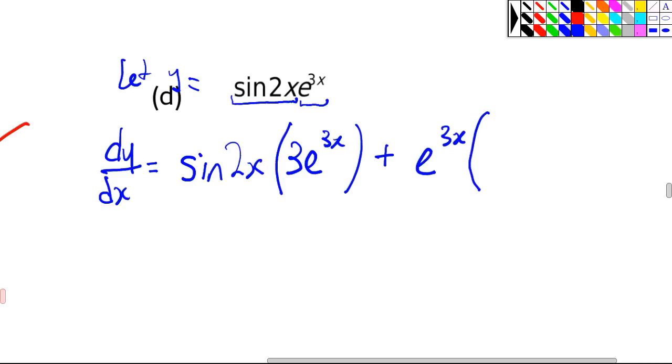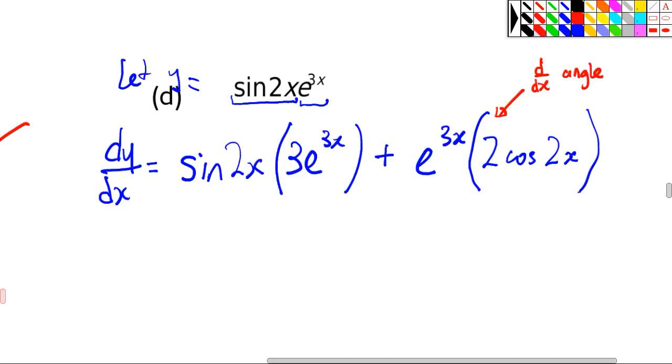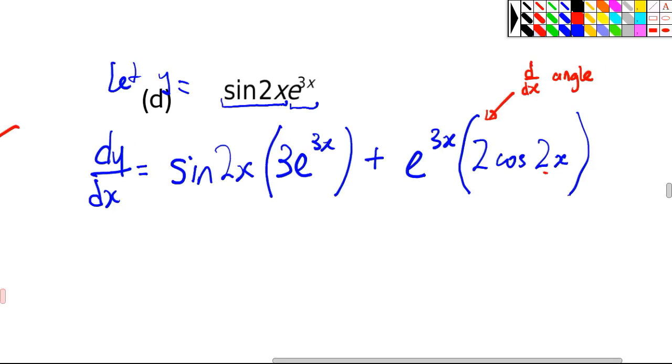Then I differentiate the first one, sin 2x. What do I get? 2cos 2x. Now you want to note that this is because I differentiate the angle. The angle is 2x, so when I differentiate 2x, I get 2. Just now when I marked your work, many of you forgot to differentiate the angle, so you missed out the 2 here. So now you know you must have the 2.